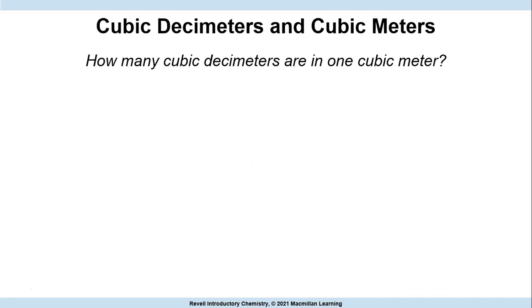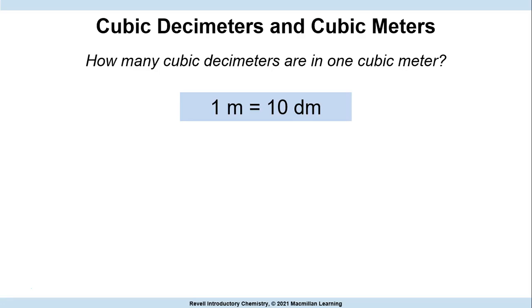Now, let's look at cubic decimeters and cubic meters. How many cubic decimeters are in 1 cubic meter? First we start by writing out 1 meter, which is equivalent to 10 decimeters. This is our conversion factor. Remember, I told you that you must know those prefixes. That is exactly what we are using here.